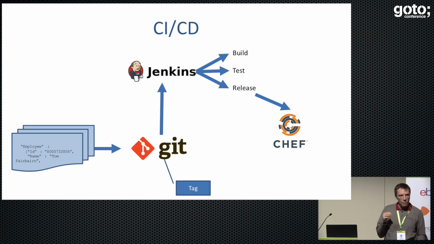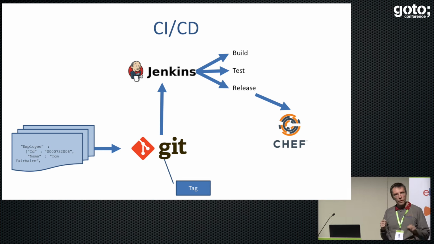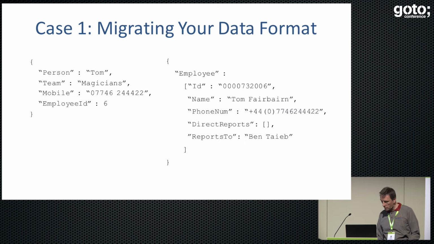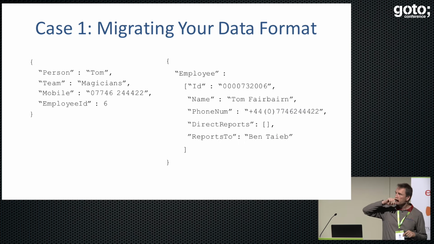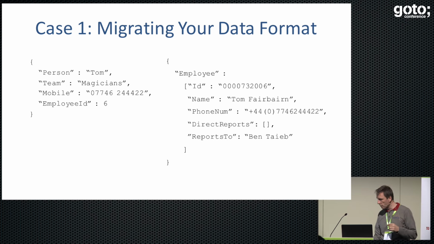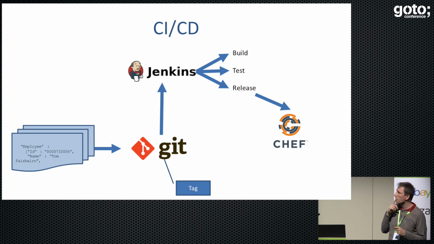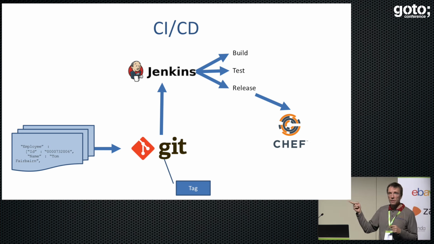First of all, let's just think about our traditional CI/CD pipeline. We can use our data format here, this is JSON. We can use that as a kind of key into what our data format is. So if we tag our source code files, in this case using Git, we can tag them with which data format that is.